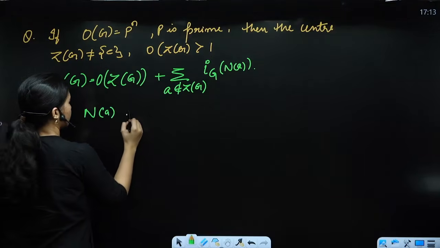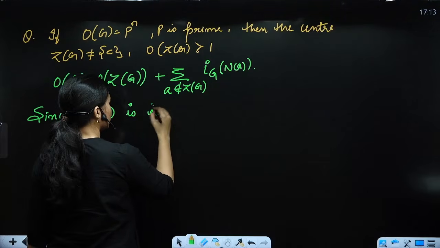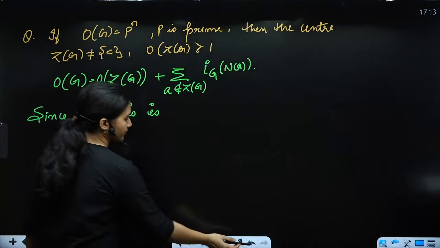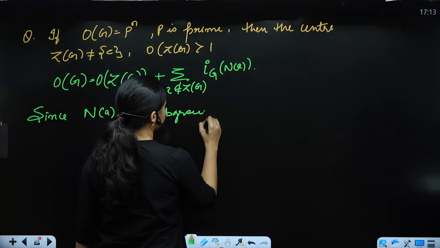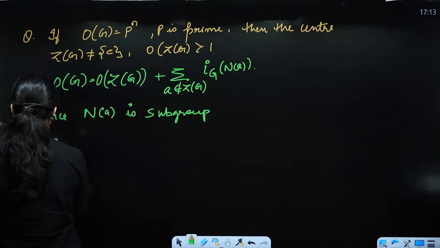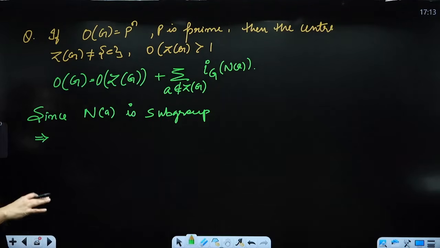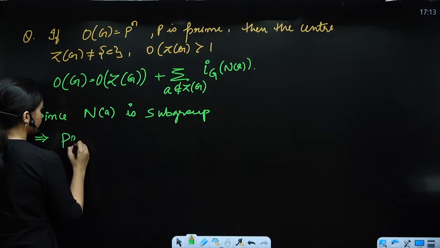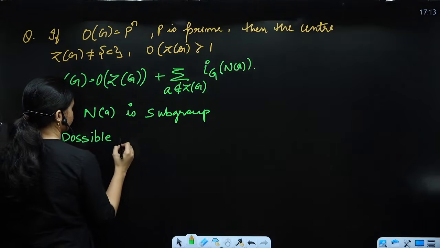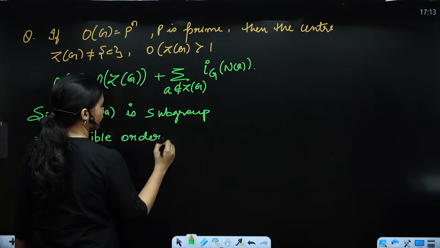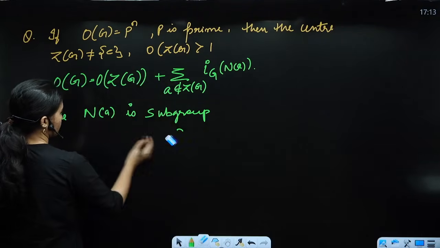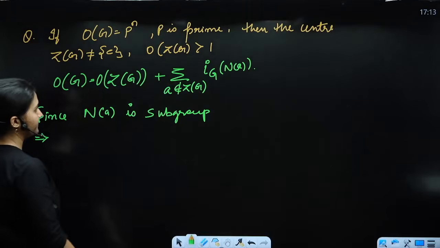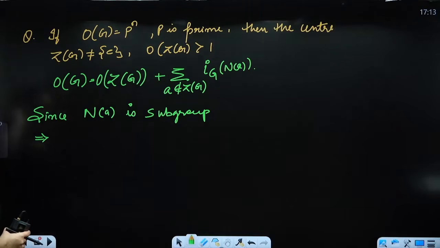Now see, since NA is a subgroup, right? Okay.